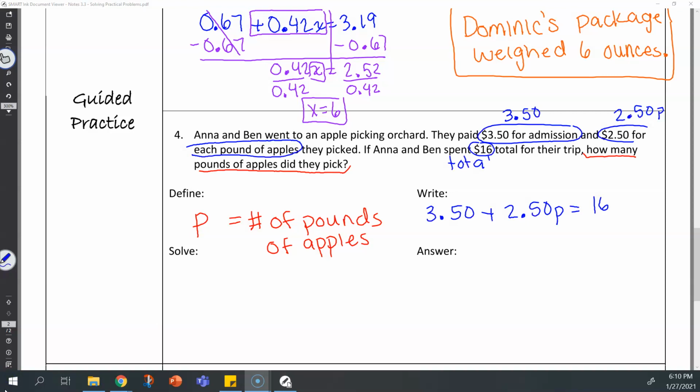When you write your equation, you should get 3.50 plus 2.50p equals 16. Remember, yours might look a little different, but as long as 16 is alone, p is connected to 2.5, and somehow with the 2.5, we're adding 3.5 in, your equation is good. So now that we have that, go ahead and solve and answer the question.